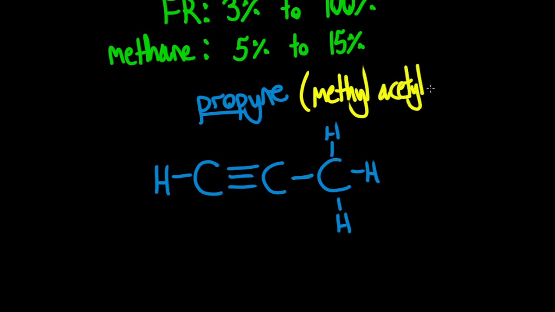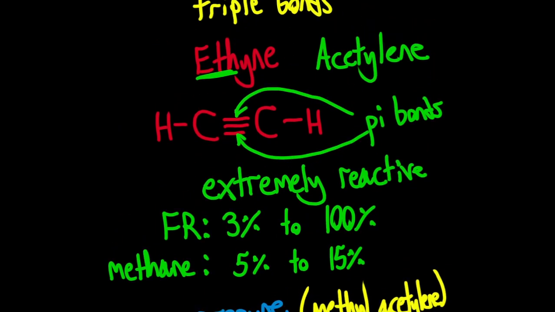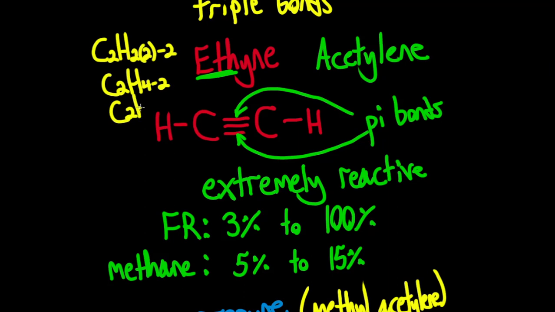My general formula for alkynes is going to be CnH2n minus 2. So I can come back here to acetylene, and I've got 2 carbons, and 2 times 2 is 4 hydrogens, minus 2, C2H4 minus 2, and that's going to give me C2H2, which sure enough is what I have.